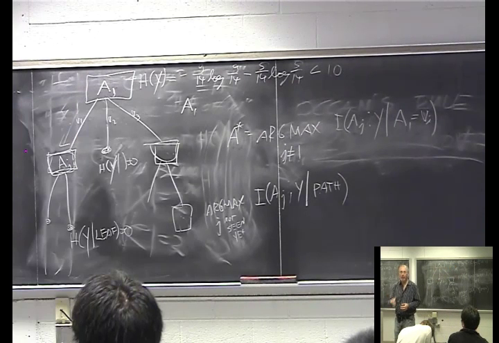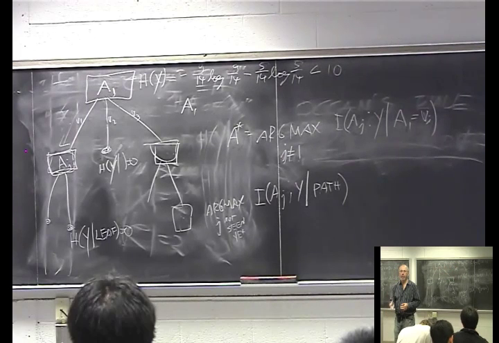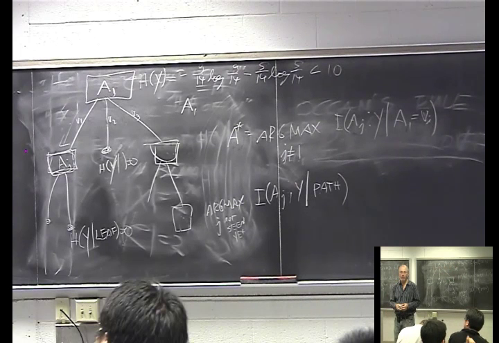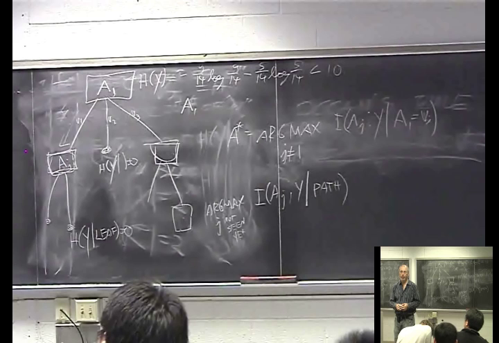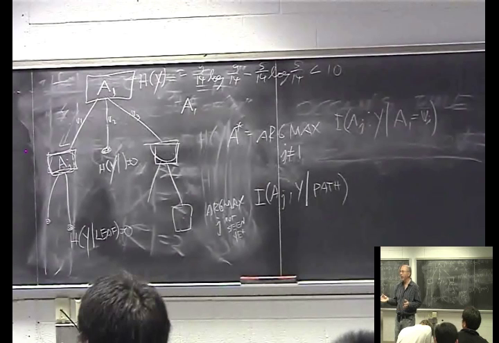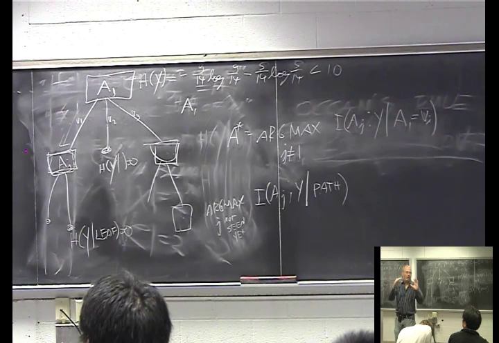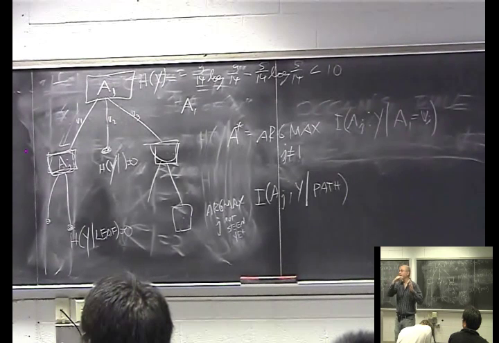Continue until you've examined all the attributes in every path, or the entropy dropped to 0, whichever comes first. Okay, so it's a recursive algorithm, and every node is a recursive call, until entropy is 0 or the path is complete. I've examined every attribute.